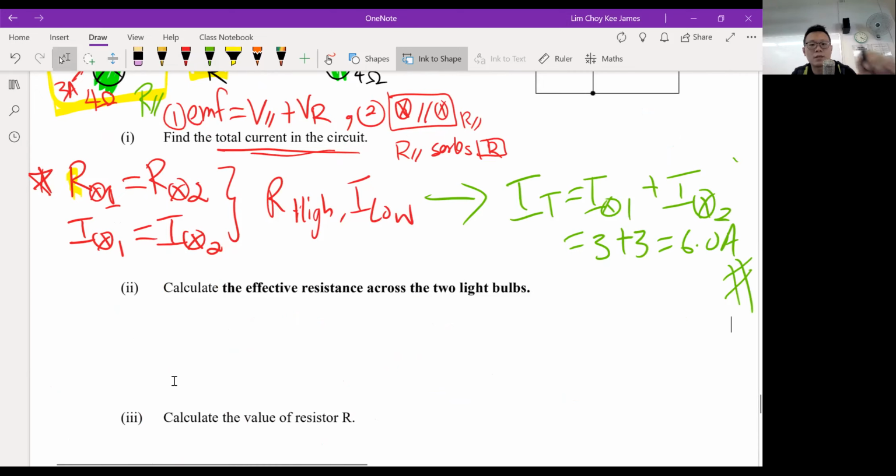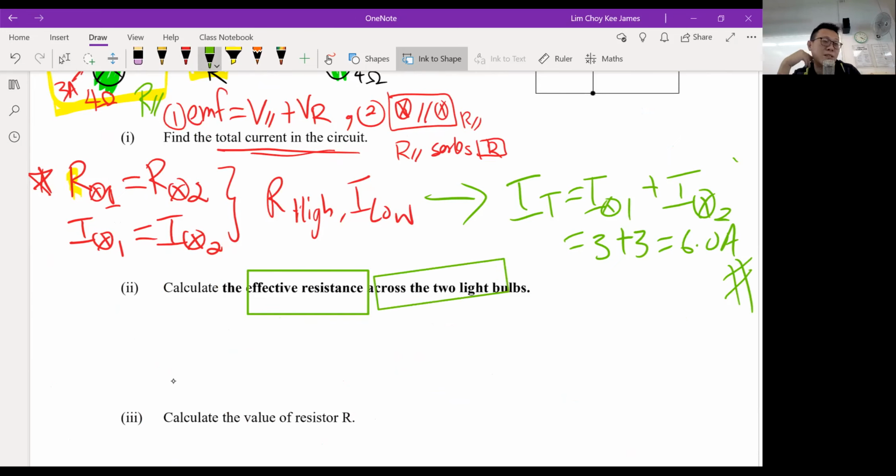The other one we look at is the effective resistance of the light bulb. Here, take note of the keyword: they say effective resistance. But because of the wording at the back, across the two resistances, the effective resistance here doesn't mean the total resistance. It just means the total resistance across the two light bulbs. What they are looking for is actually R parallel.